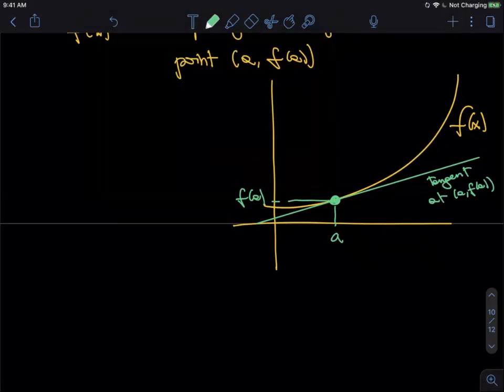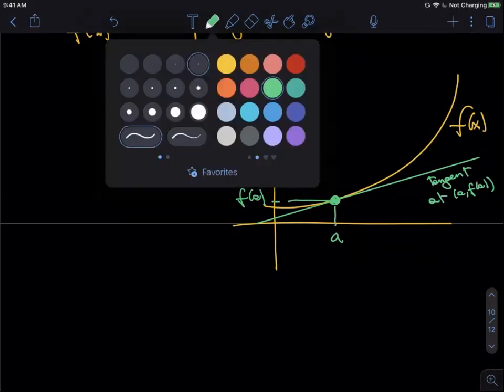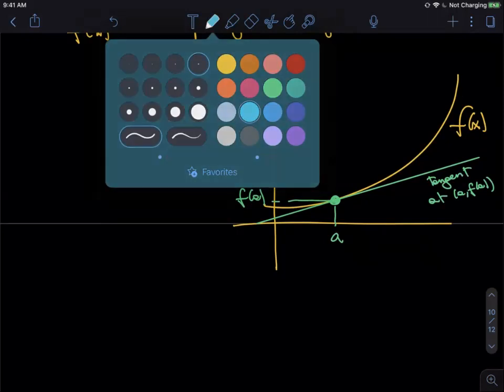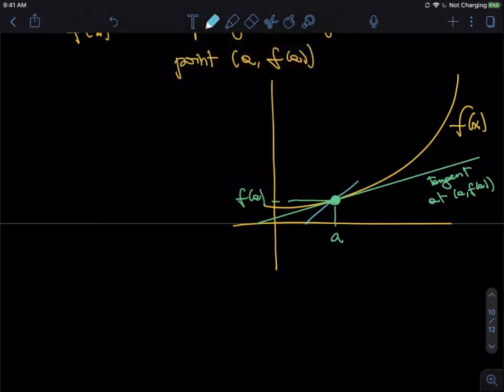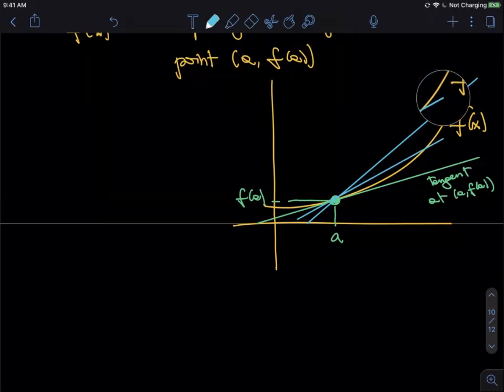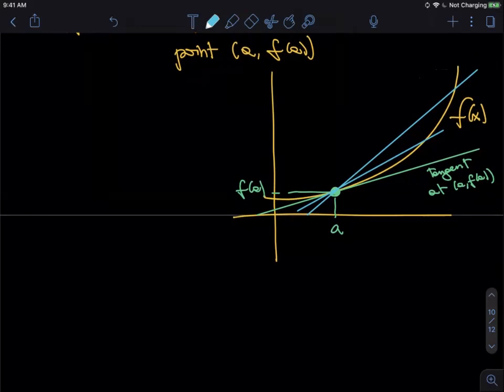Okay, and the way we would find this was using secant lines, right? So we have different secant lines like this, and what we were doing was just bringing these secant lines closer and closer, right?